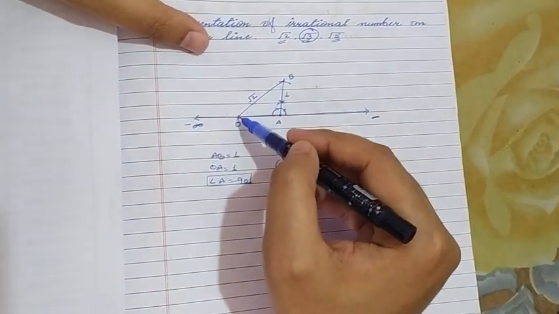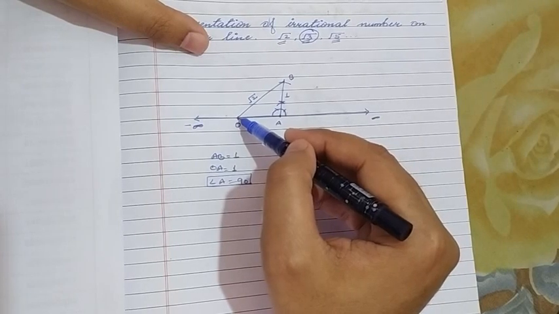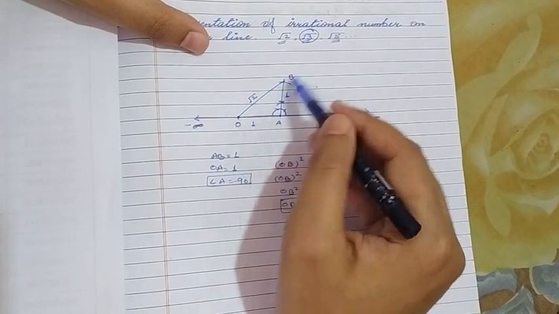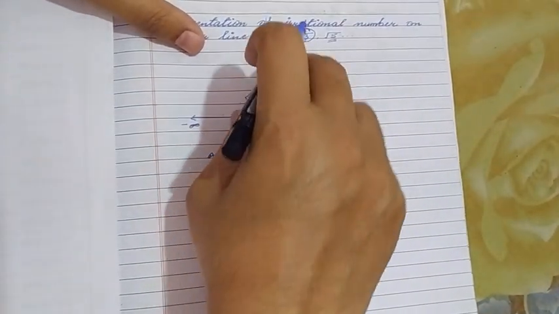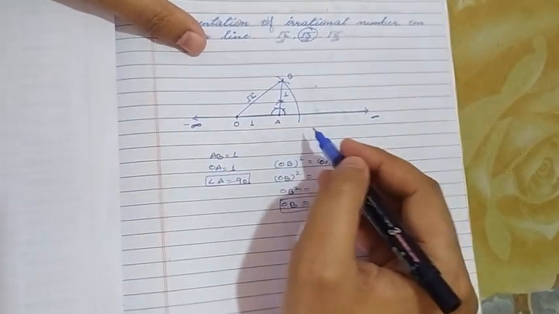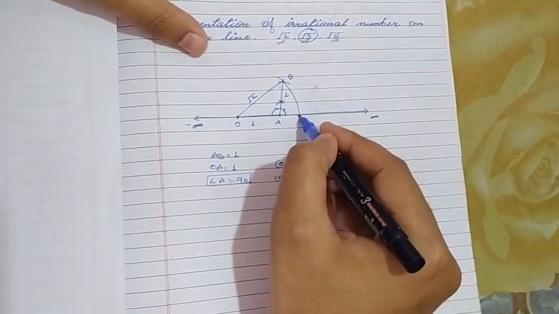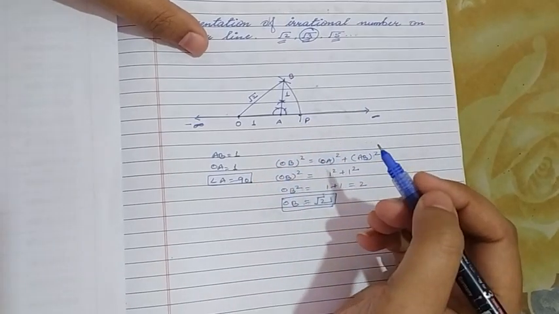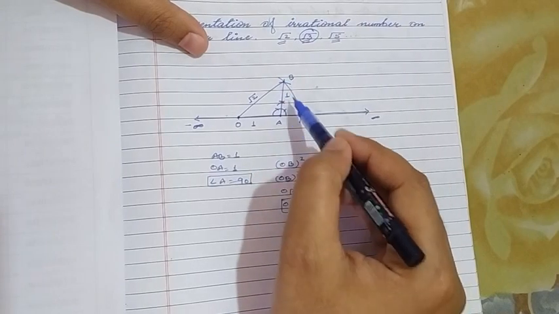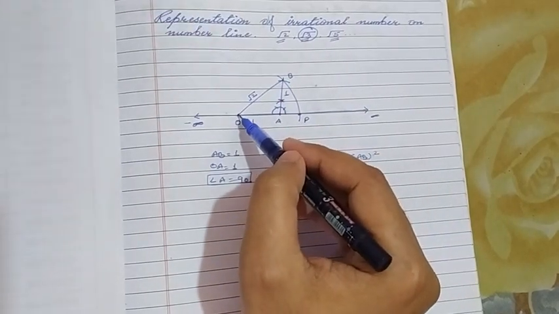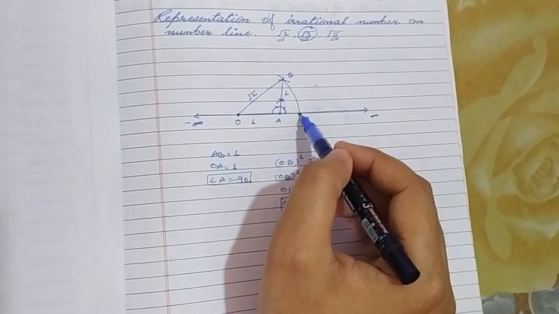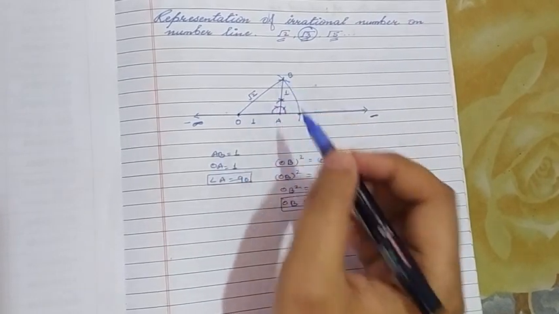Now with the compass, with O as the center and OB as the radius, we'll draw an arc to cut the number line at point P. Because this arc has been drawn from the center O with radius OB, OP is also equal to OB.